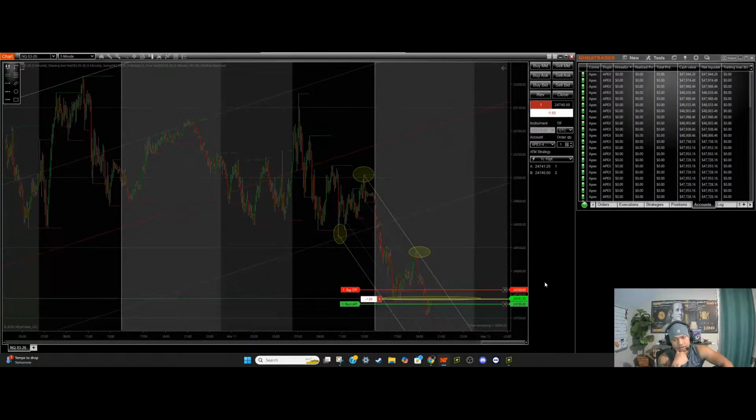And NQ can provide that, especially on New York session. NQ will give you 10, 20, 50 points in one wick. So let's see here. What's going on?